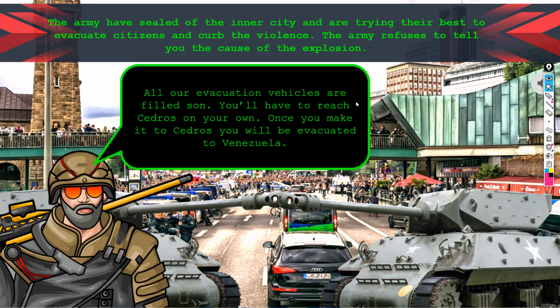You have to reach Cedros somehow, and once you reach there, they'll evacuate you all to Venezuela. All right, so something really bad is going on in Trinidad if they have to start evacuating everyone to a different country. Yeah, somebody noticed the number plate here. All right, so we'll see what's going on in a little while.